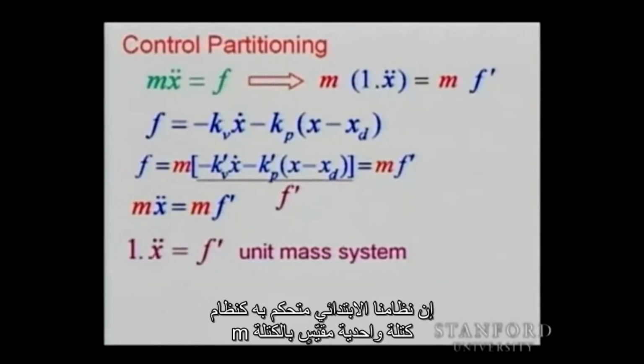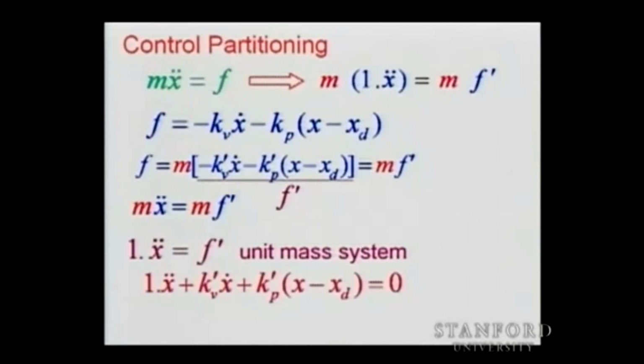Okay? So essentially we have our initial system that is now controlled as a unit mass system scaled by the mass itself. And the behavior of the whole system is like this.